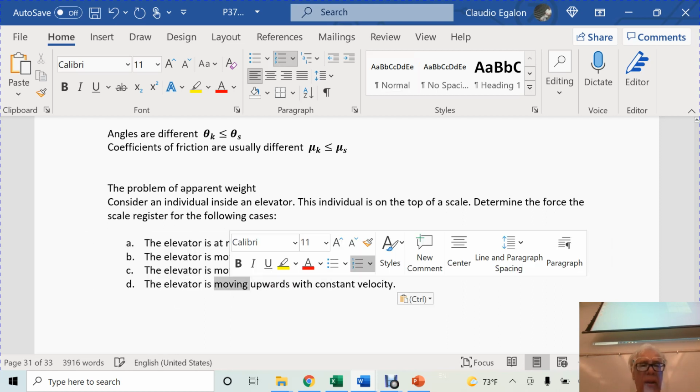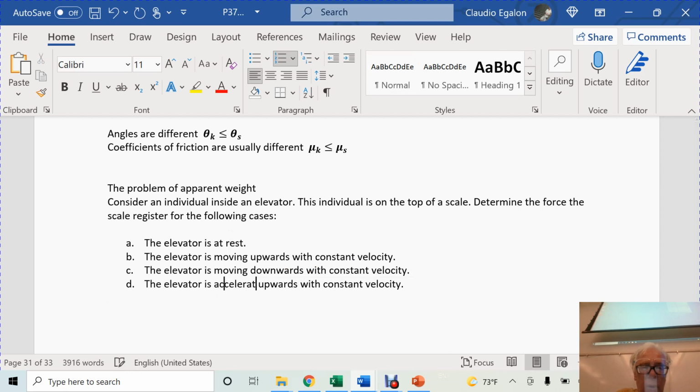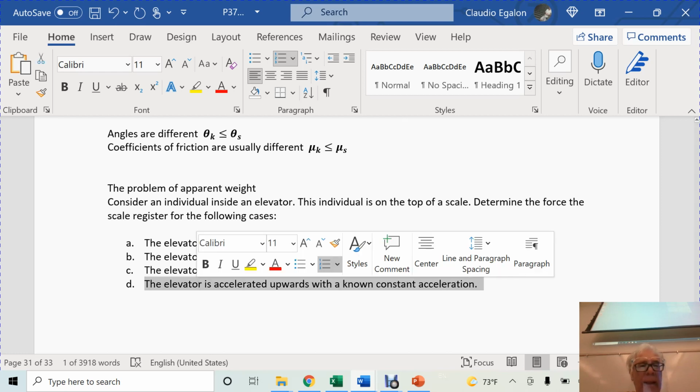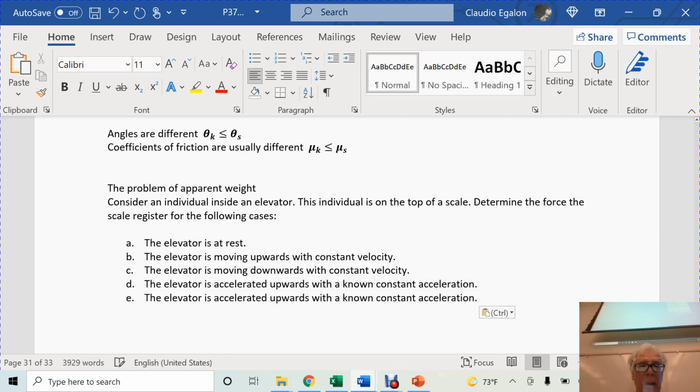D. The elevator is accelerated upwards with a non-constant acceleration. E. The elevator is accelerated downwards with a non-constant acceleration. All those cases we're going to investigate right now. Okay, so solution.